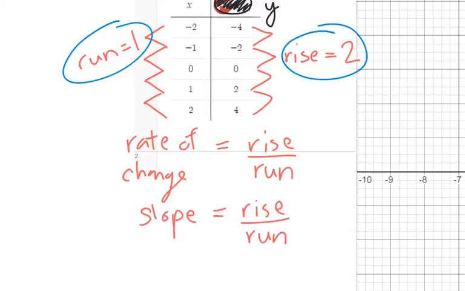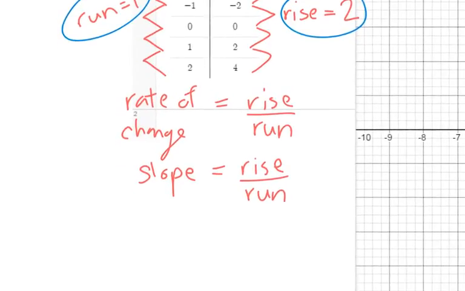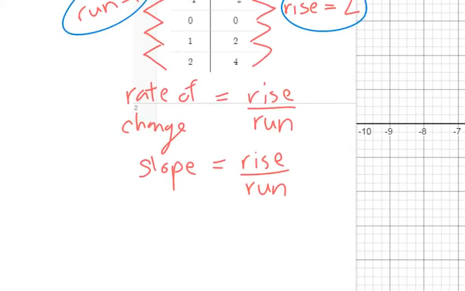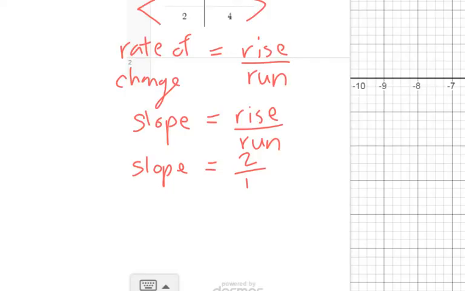Therefore, we can substitute these values into our equation. So slope is equal to 2 over 1, and that just simplifies into 2. Instead of saying slope, we can just use the variable for slope. The variable for slope is m. So m is equal to 2.